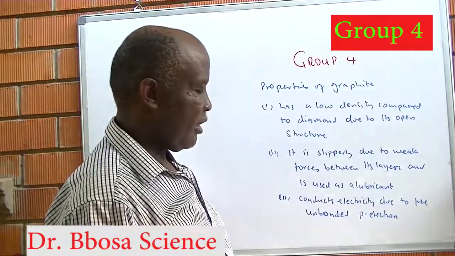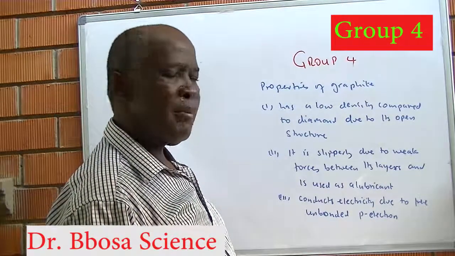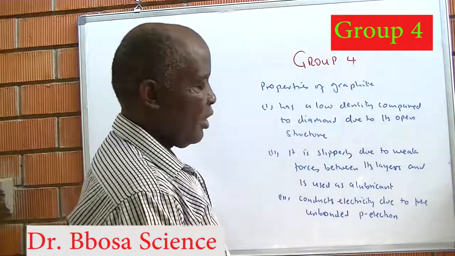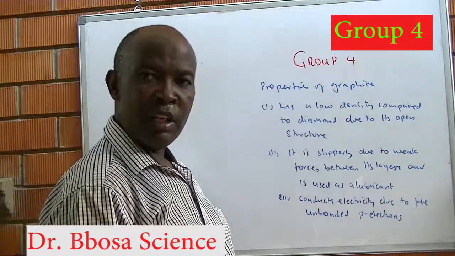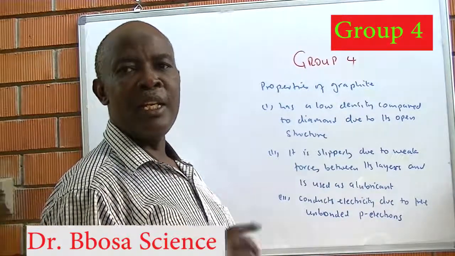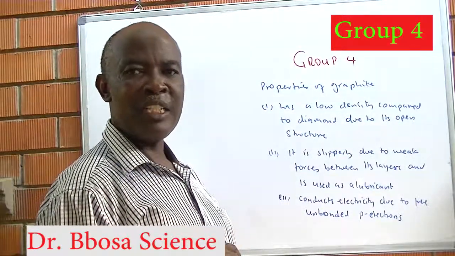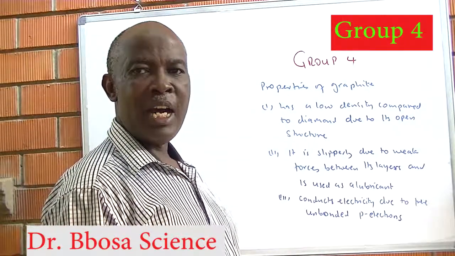It conducts electricity due to free unbonded pi electrons. Each carbon uses 3 of the 4 electrons in bonding, then the 4th electron in the valence shell is free to conduct heat and electricity.